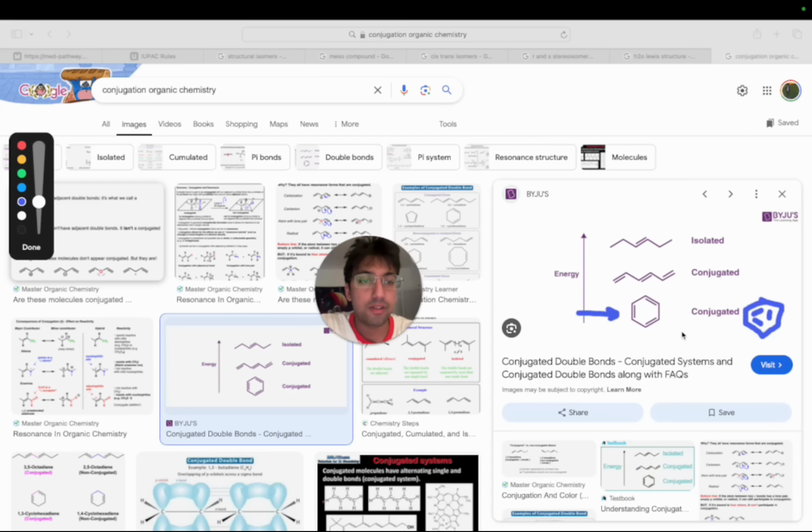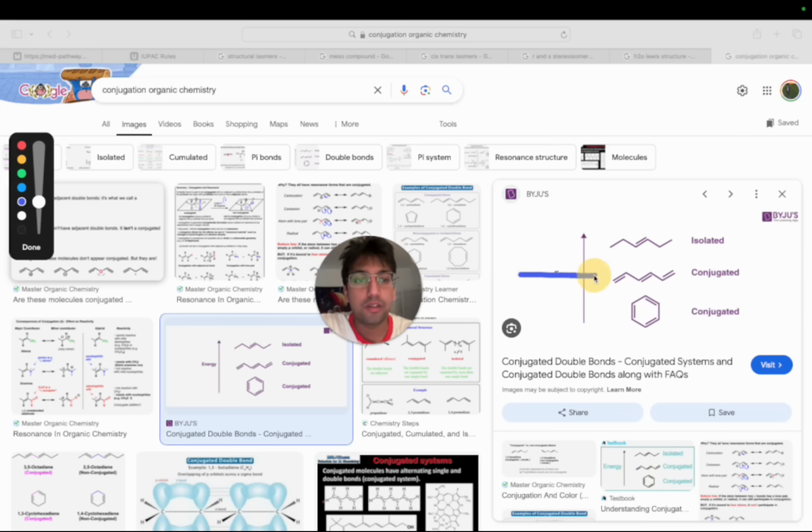Or it might exist some of the time like this, negative charge over here, and then a double bond, right? And then maybe a positive charge over here. So those electrons are happy to just jump around, right? So that's what we refer to as resonance. And because of that, this is going to be a very stable, low energy configuration.